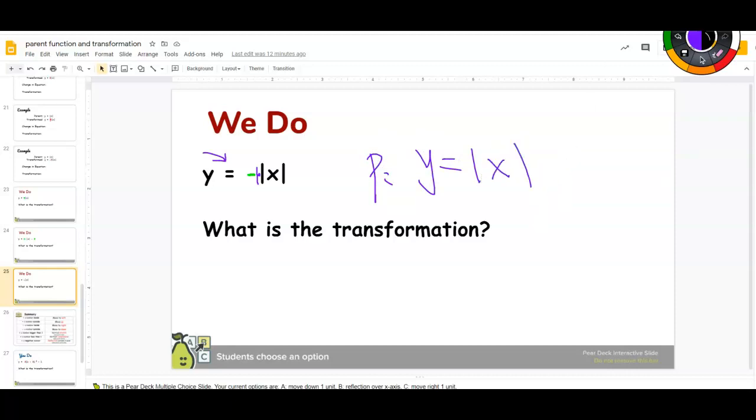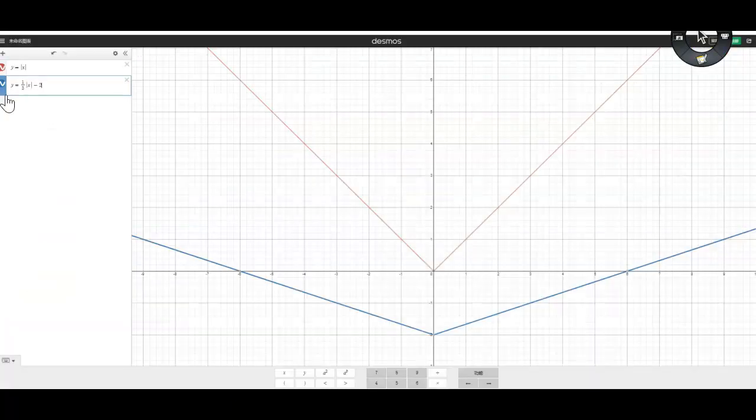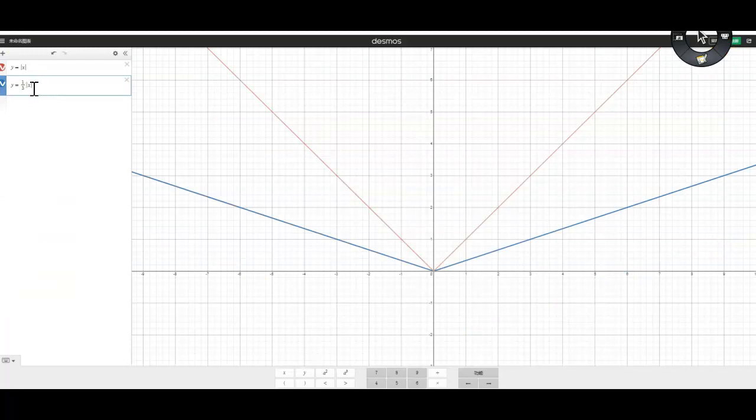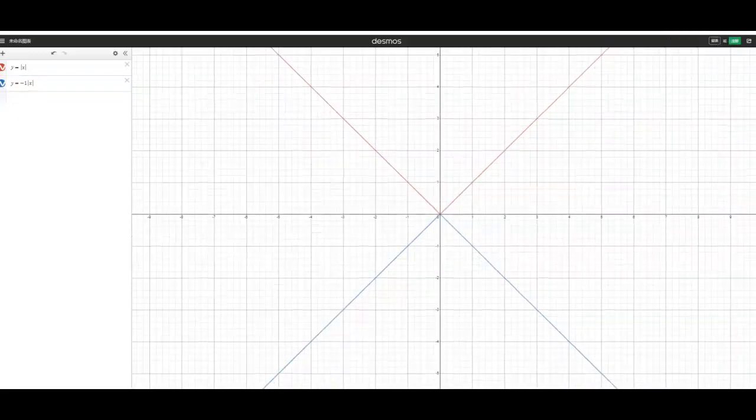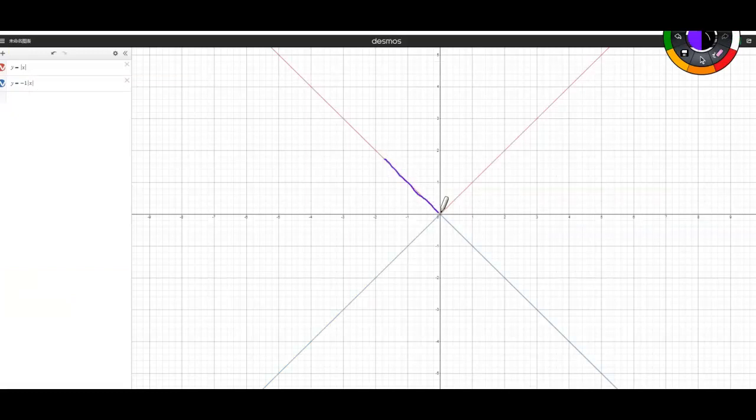So let's graph both of them to see the transformation on the graph. This time you have -1 times your parent equation. And you see, compared to your parent picture, your baby picture is upside down. So upside down means the transformation is reflection.